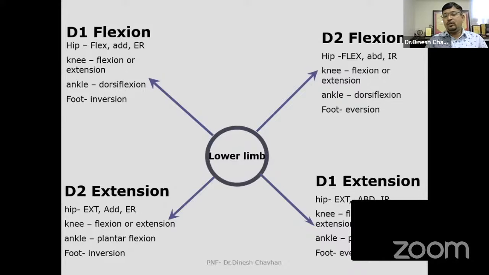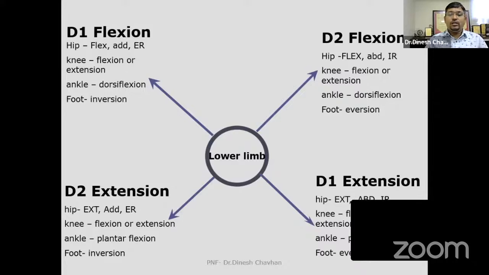And if you see diagonally from D1 flexion to D1 extension, at the foot it is exactly the opposite: dorsiflexion at the ankle and inversion in D1 flexion, and plantar flexion and foot eversion in D1 extension. Again exactly opposite, like D2 flexion and D2 extension.